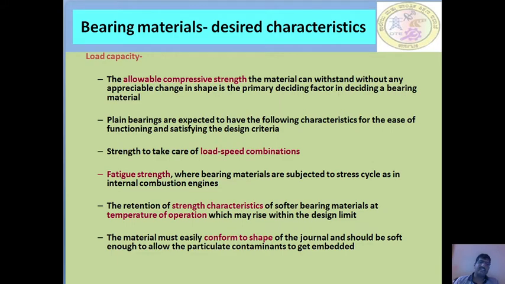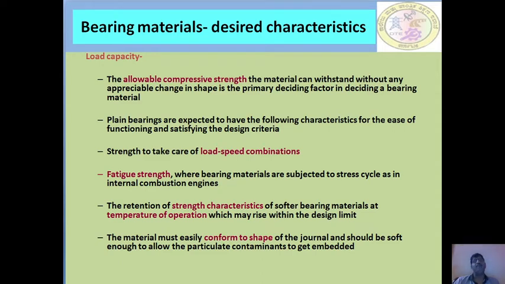Plain bearings are expected to have the following characteristics for ease of functioning as well as satisfying the design criteria. Design is a very important parameter, in which we need the load carrying capacity so that the oil film can sustain the load acting onto the bearing as well as the shaft, the strength to take care of load and speed combinations, as well as the fatigue strength where the bearing materials are subjected to stress cycles as in internal combustion engines.